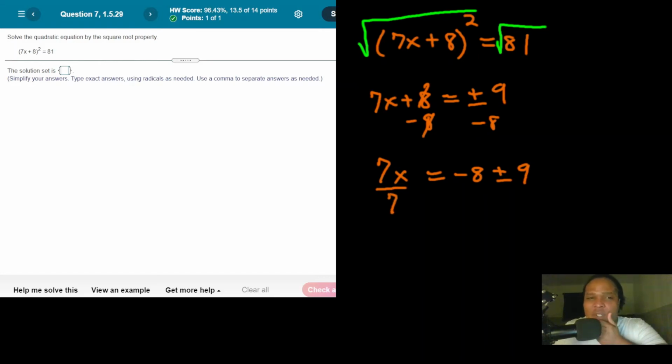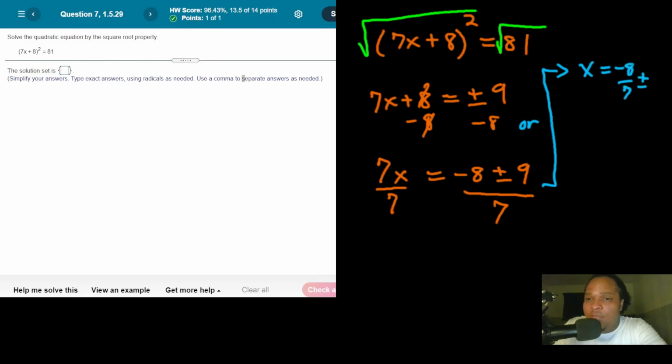Now, you have an option. You can either divide everything by 7, or you can put both of them over 7 like that. I think I prefer it this way, but either way is fine. So right here to where we divided everything by 7, I'm proposing that you can also do them separately like this, negative 8 over 7 plus or minus 9 over 7.